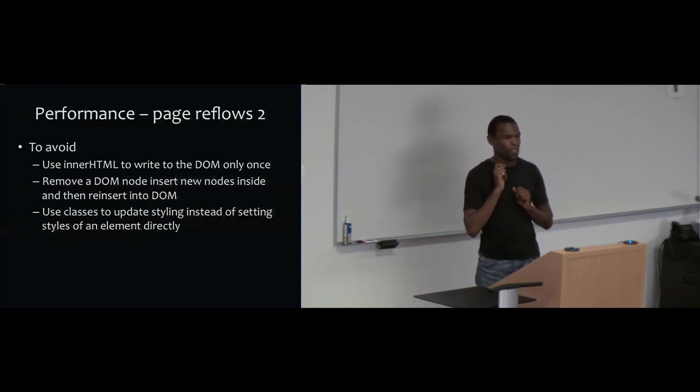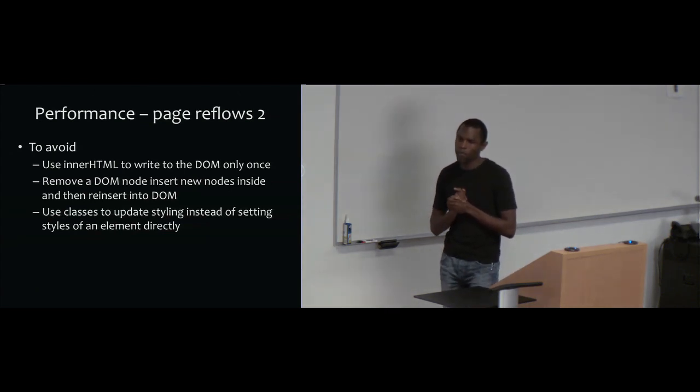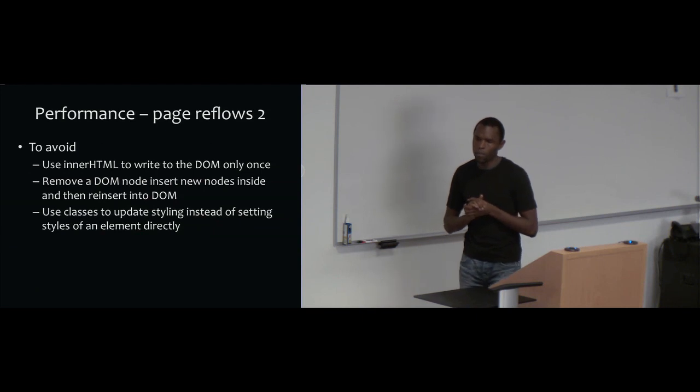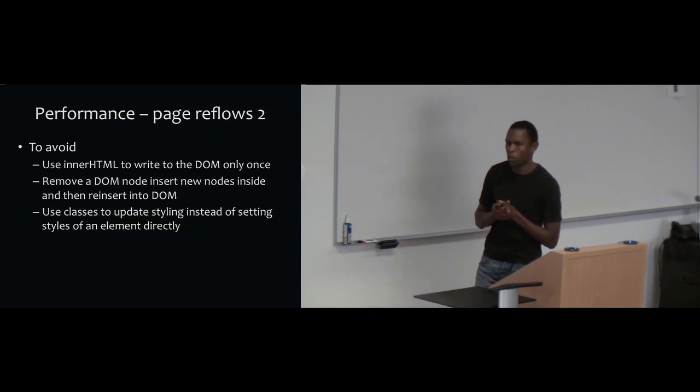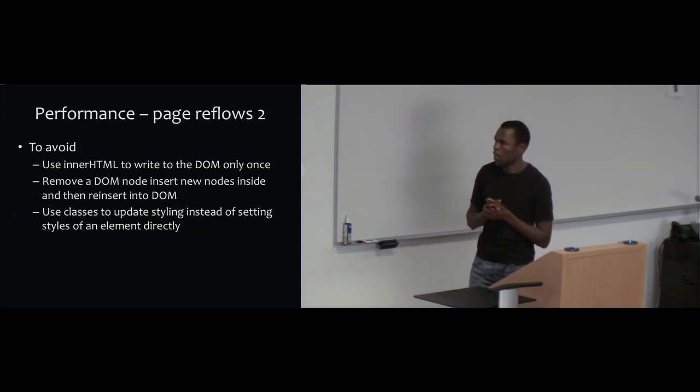I assume what this means is that if you want a block to look different, just change the class that's assigned to the element, as opposed to changing the style directly. But I'm guessing here, if you want to, say, grow it or any of that, using the class is better.